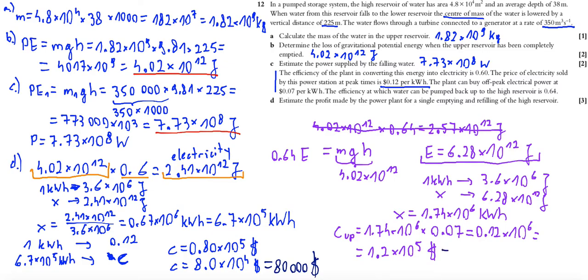But if system is refilled back, the cost to do this is $120,000. Okay? So what is the profit? Minus $40,000. So with less energy, less money is obtained by refilling than if it's again bought from the customers.